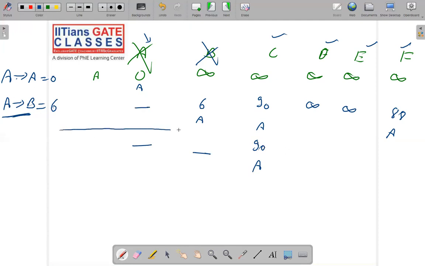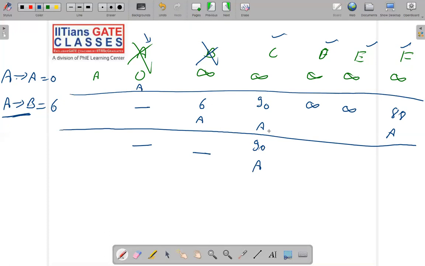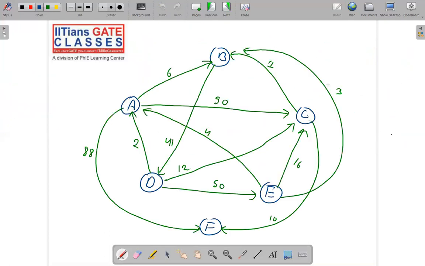Let me draw a line. B to C will remain the same, so A to C will remain the same. B to D, we have one path with edge weight 41.